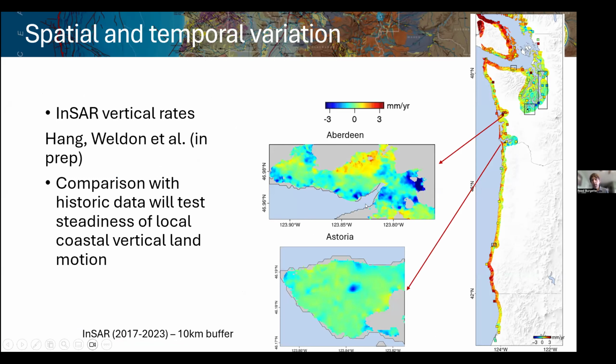And similar to the historic data where we see these short wavelength variations in vertical land motion, some of the preliminary observations from InSAR show similar scales of gradients that are affecting the coastline and sea level impacts.